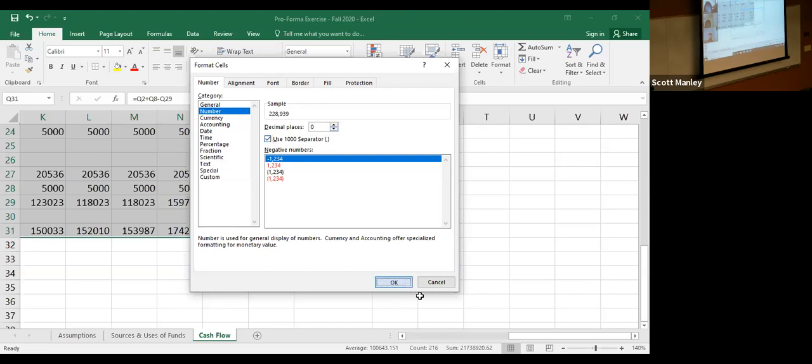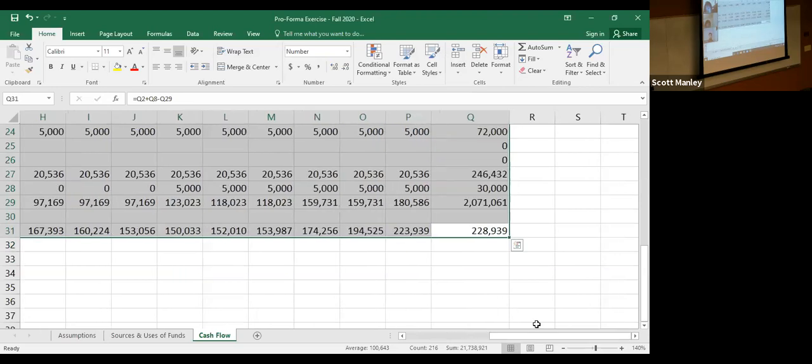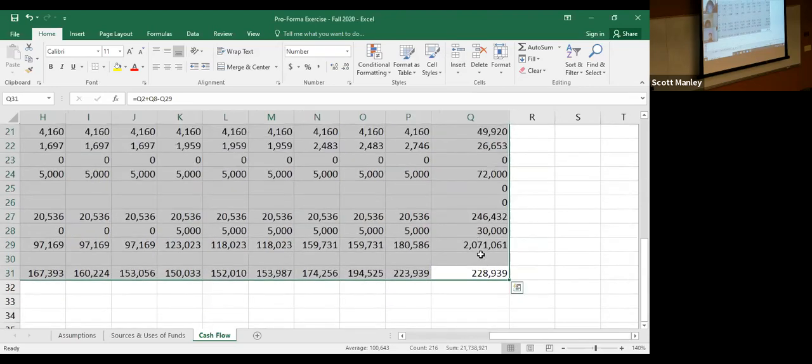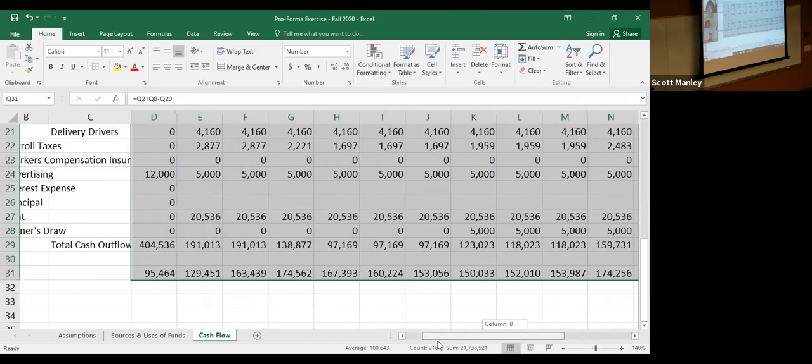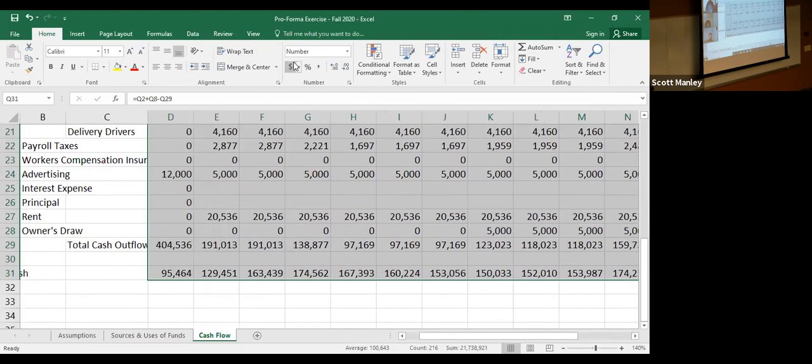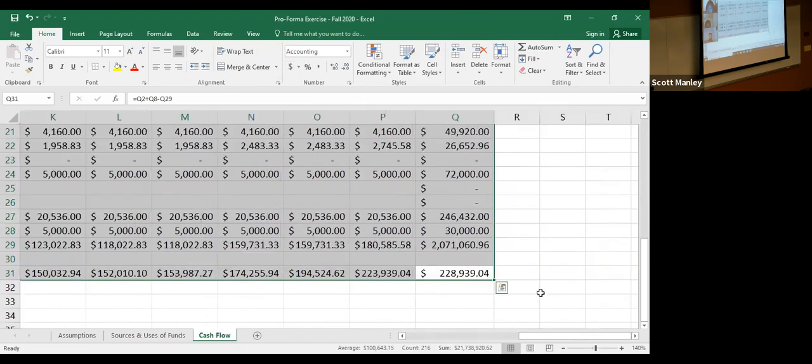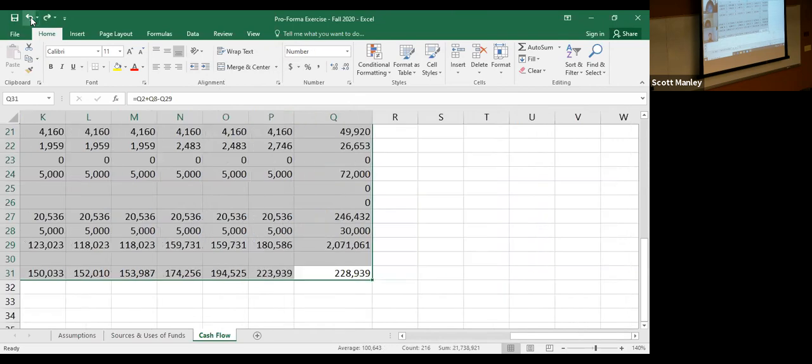Okay. What happens when you do that? Now I have my numbers lined up. They're aligned correctly. I don't have this happening, right? Do you see how much more difficult to read that is compared to that?